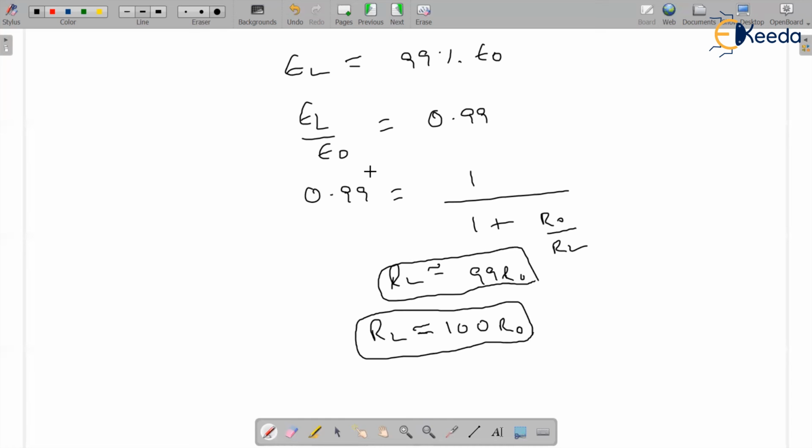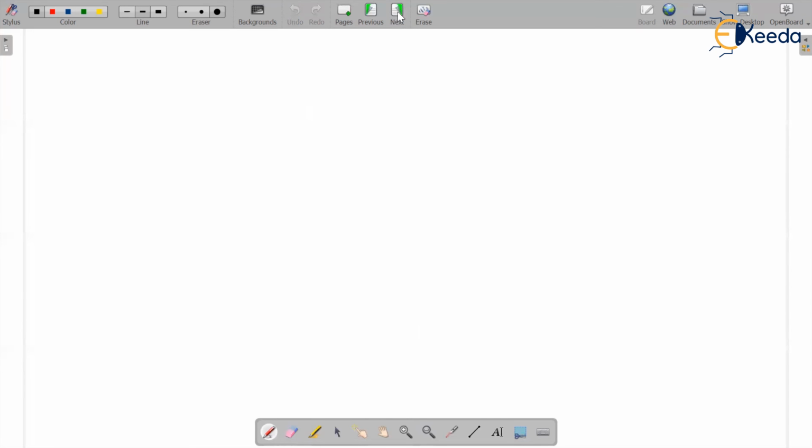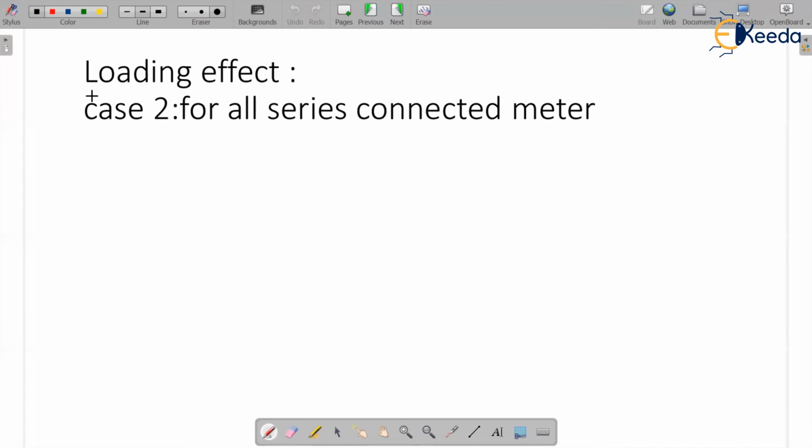So next is our case study of series connected meters. The loading effect for all series connected meters.